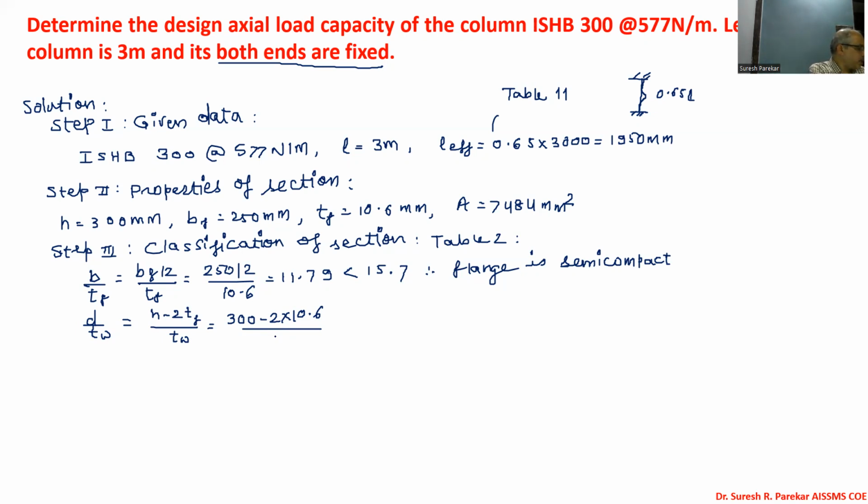So ISHB 350. So we have TW 8.3. And then we will get this value, that is equal to 300 minus 2 into 10.6 divided by 8.3, 33.59, which is less than 84.